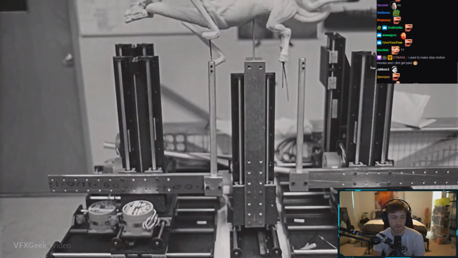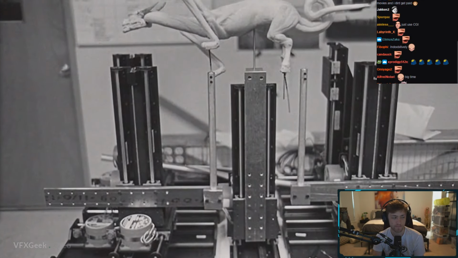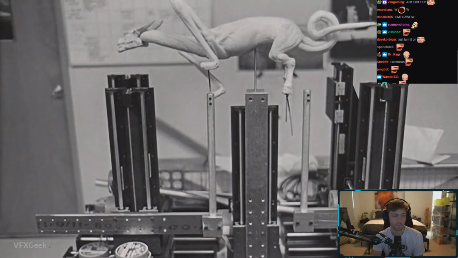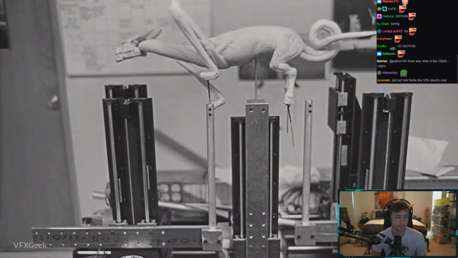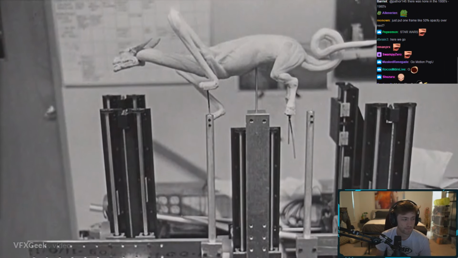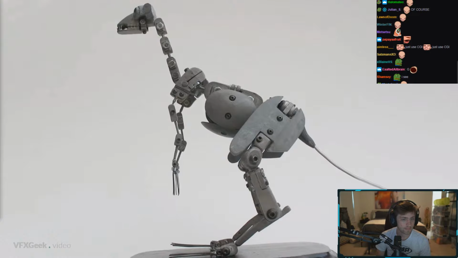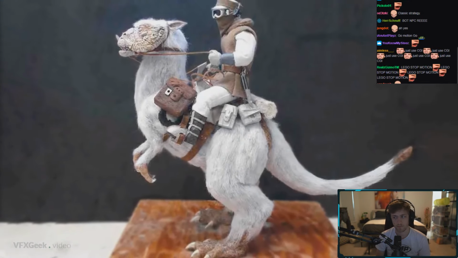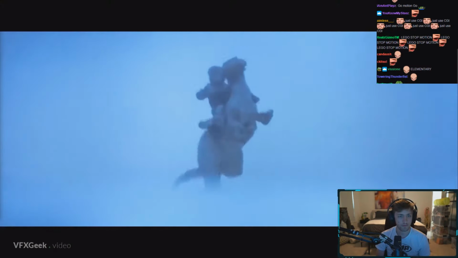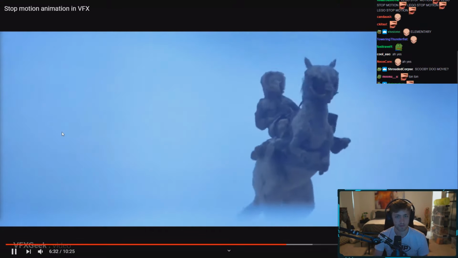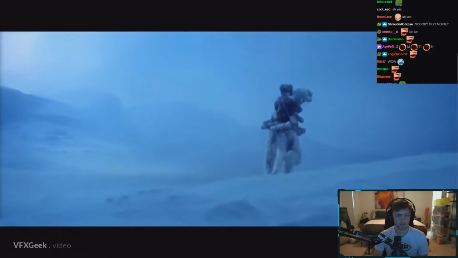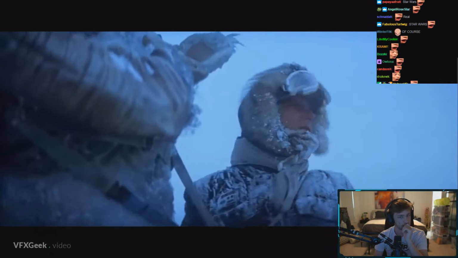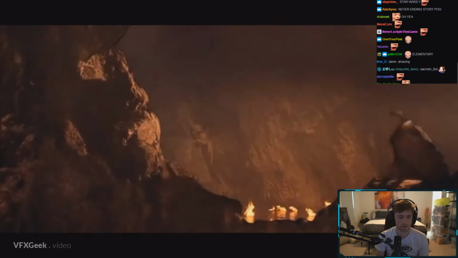Go Motion involved programming a computer to move parts of the model slightly during each exposure of each frame of film, combined with traditional hand manipulation of the model in between frames to produce a more realistic motion blurring effect. The new technique was first used on The Empire Strikes Back in 1980 to create the smooth running animations of a tauntaun.